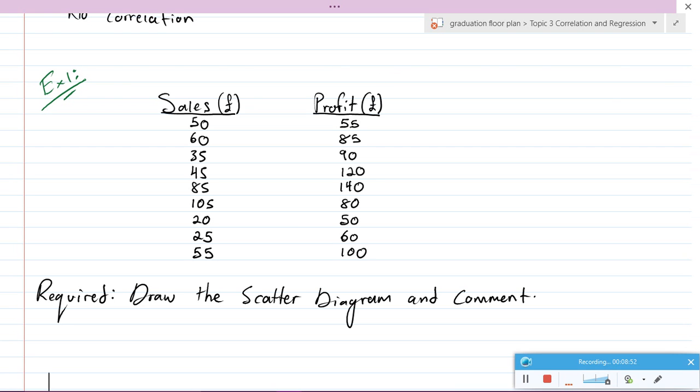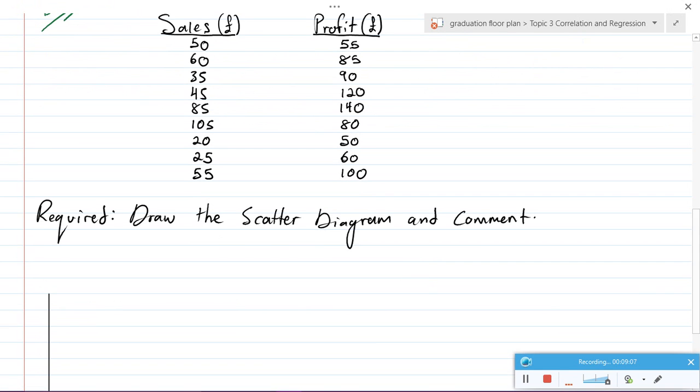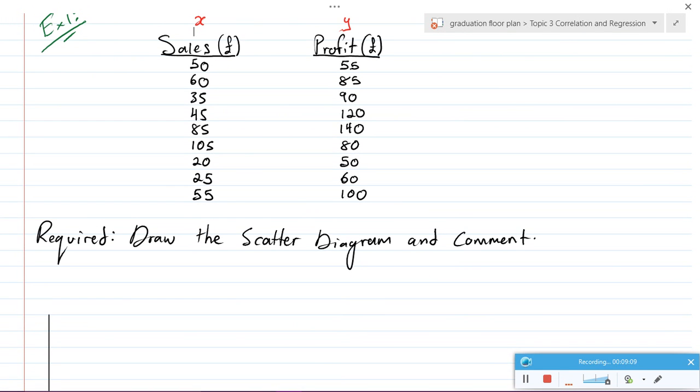Now, what is the minimum and maximum value? You have to find that so that we know that from what value we're going to start and what value we need to end. So let's start with the x first. Okay. Now, over here, what is the maximum value? 110. Sales.